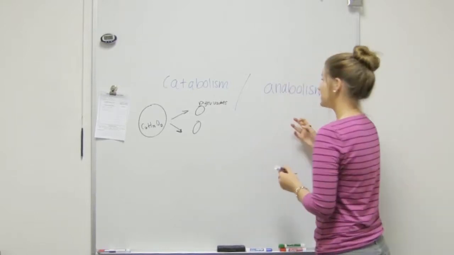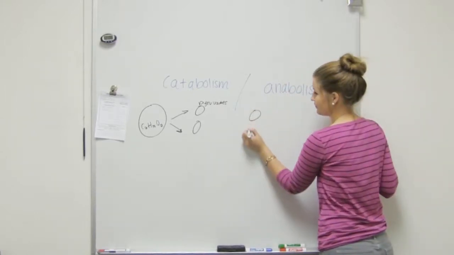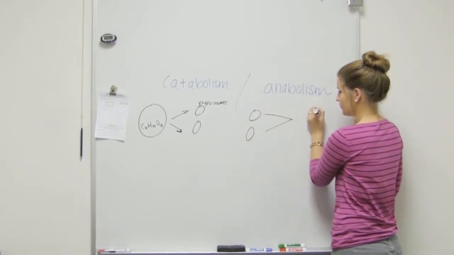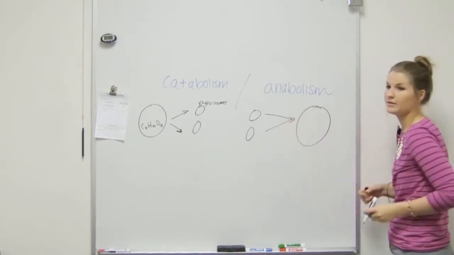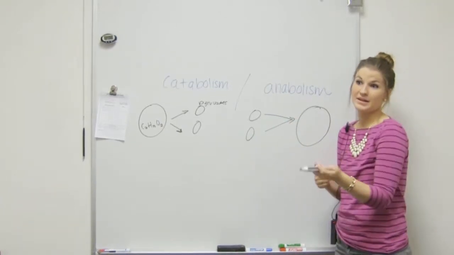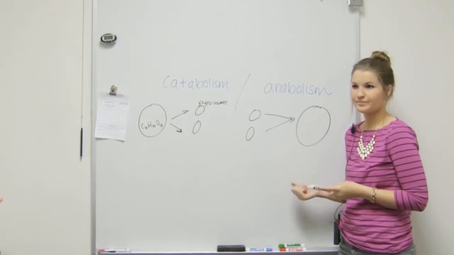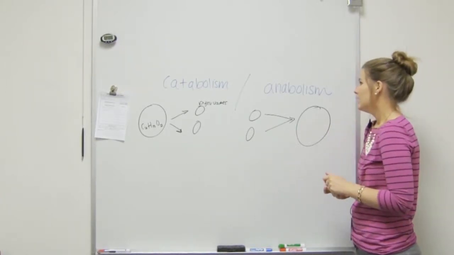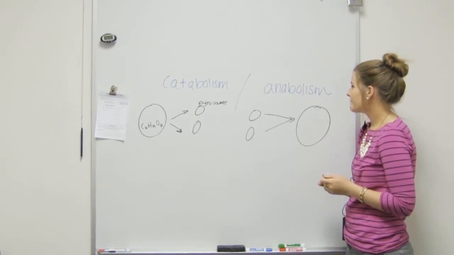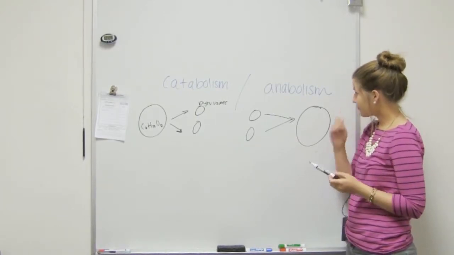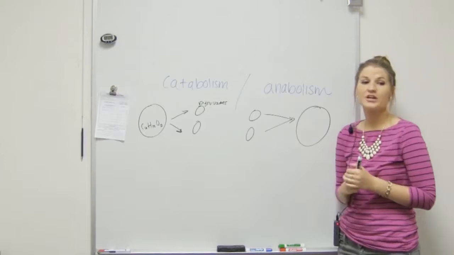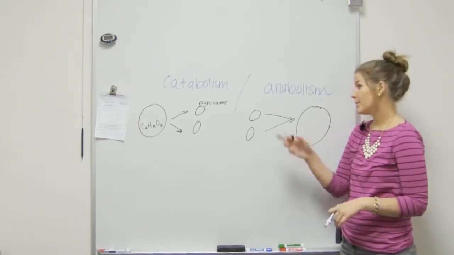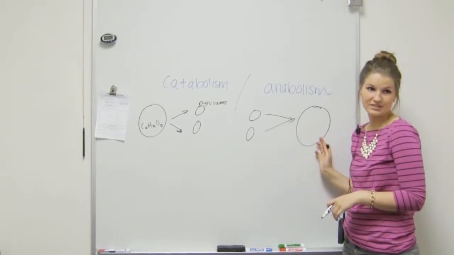Whereas anabolism, what do you think that'll be? It would be putting together, through ATP, most likely. When would you use anabolism? I know catabolism breaks down food and molecules, but when would you use anabolism to put things together? Maybe if you were going to synthesize some proteins. So maybe amino acids, and you'll make some proteins.